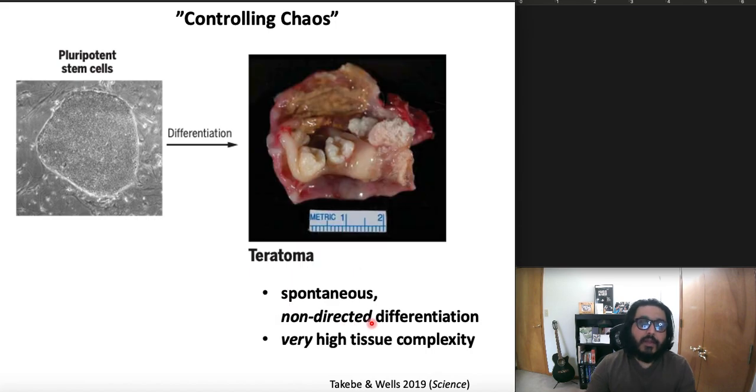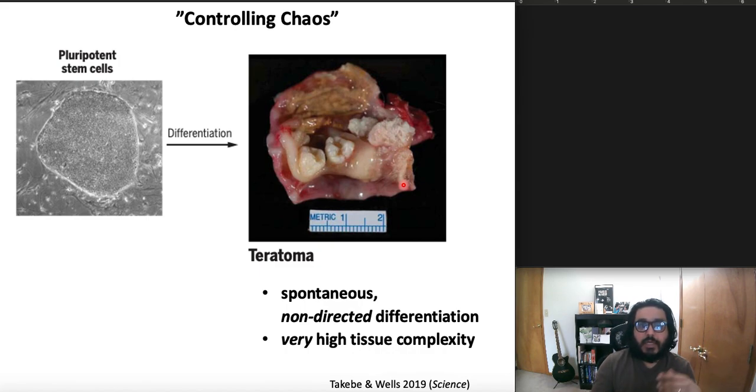Okay? And then if you were to let things basically go haywire, where it's completely uncontrolled and chaotic, you get what essentially is called a teratoma, which we've read about in some of the papers, but I'm not sure if you've already seen an example of a teratoma. So if you can't tell, this is just a mass of random organ pieces all put together in the same cellular mass.